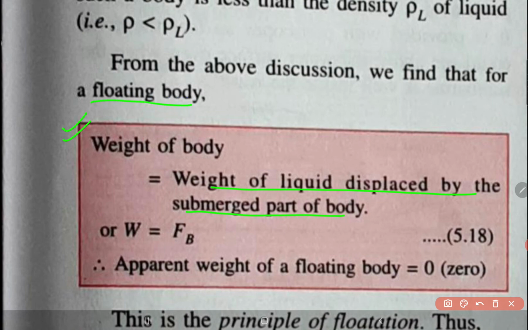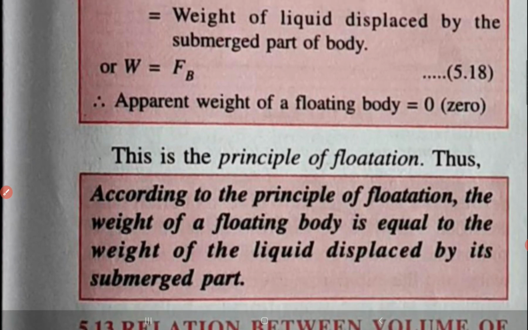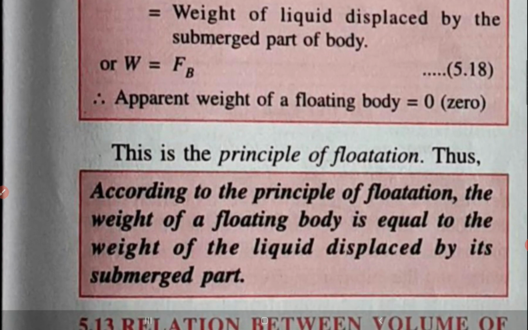So here they are saying that the weight of the object should be equal to the upthrust, and the apparent weight of the floating body should always be 0, right? So this is the principle of flotation. Thus according to the principle of flotation, the weight of the body is equal to the weight of the liquid displaced by its submerged part, and the apparent weight is 0, right?